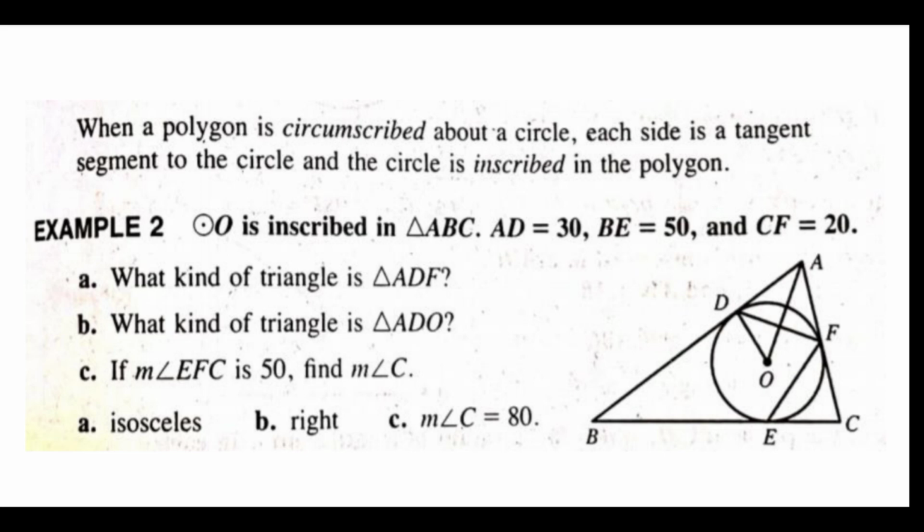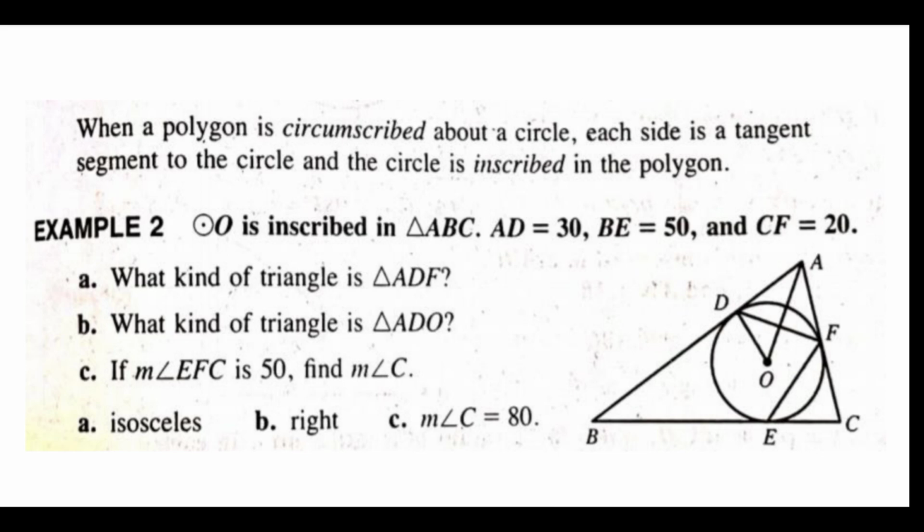Letter B, what kind of triangle is triangle ADO? Looking at the figure, segment AB is tangent to circle O at the point of tangency D. Going back to Theorem 9.1, if a line is tangent to a circle, then the line is perpendicular to the radius at the point of tangency.